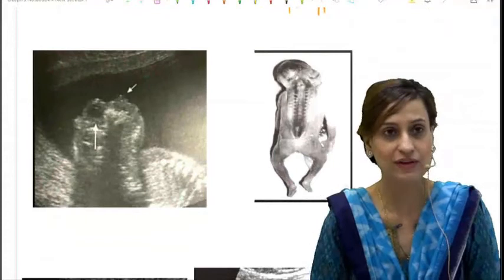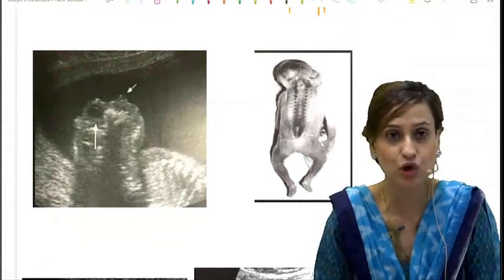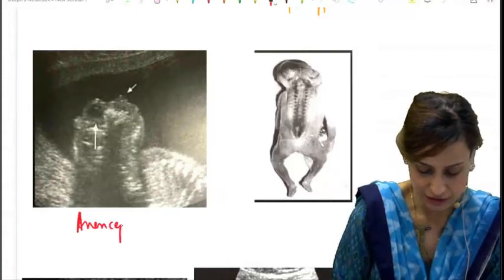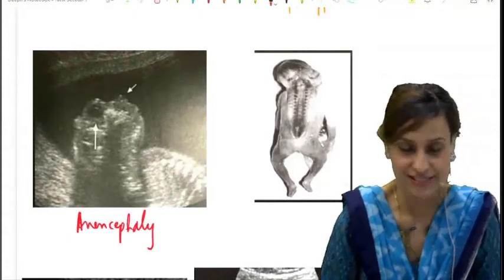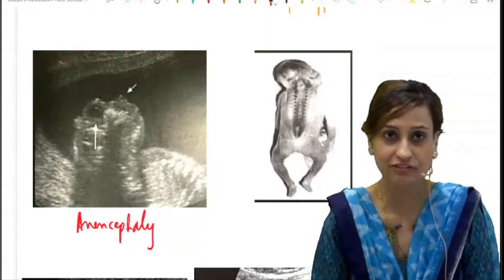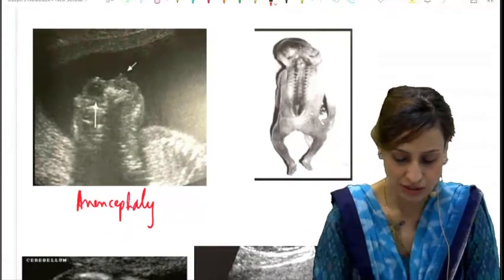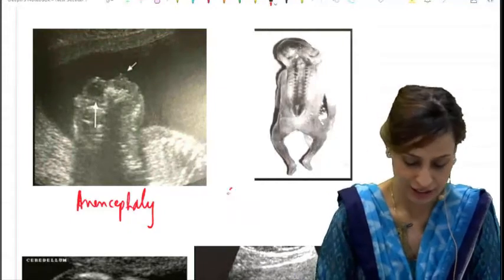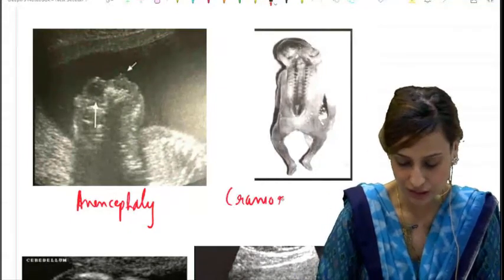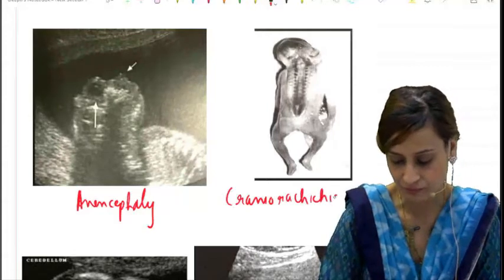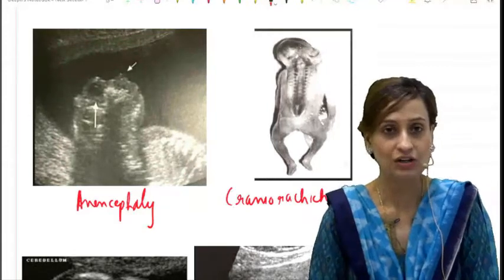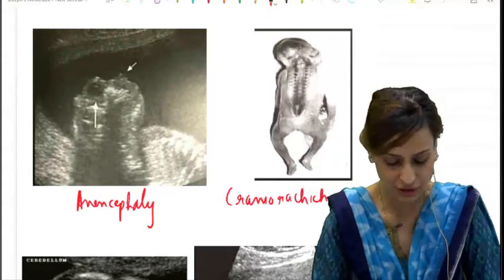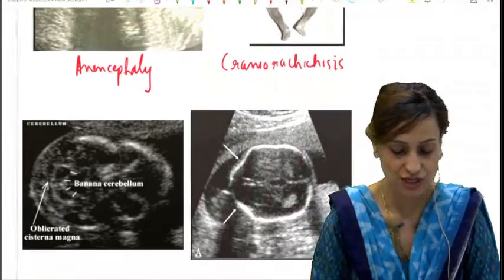So as you can see, these are congenital anomalies here. On the left is anencephaly with the frog eye sign. So the prominent eyes here are the frog eye sign, whereas the other one is anencephaly plus an open spina bifida, right? So this is craniorachisis, an anencephaly along with an open spina bifida. I also want you to look at these two signs of spina bifida.